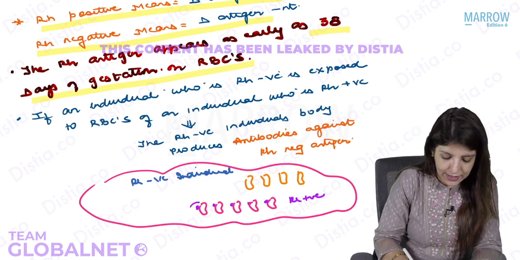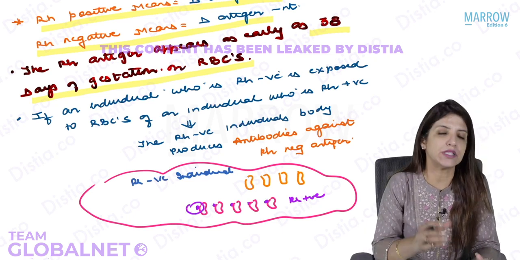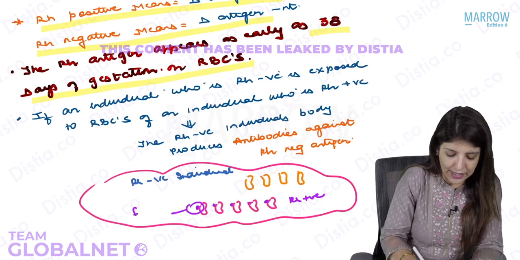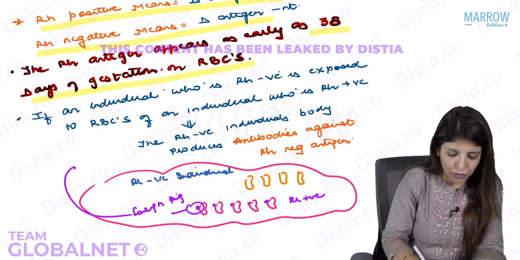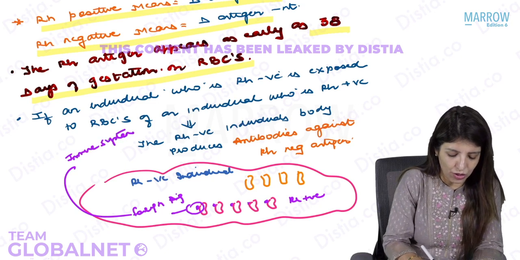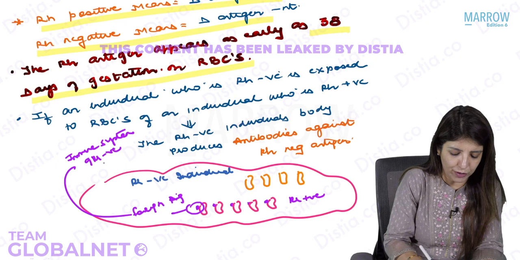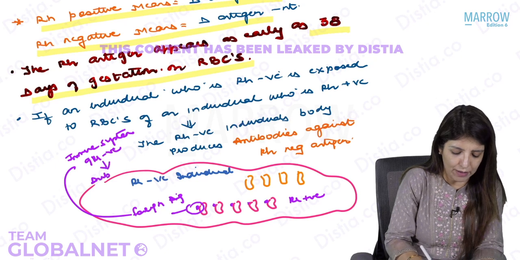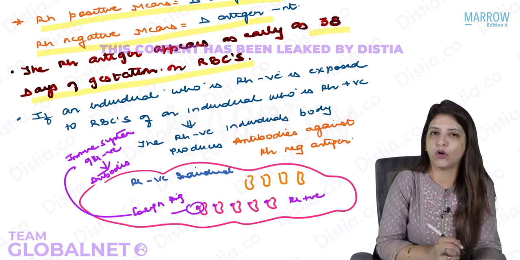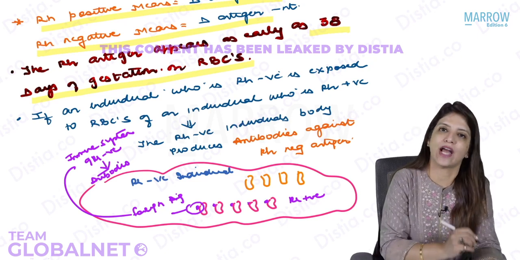Now, because this Rh antigen is absent in this Rh negative individual, it will act like a foreign antigen. This is going to stimulate the Rh negative individual's immune system, and the immune system of the Rh negative person will form antibodies. What will they form? They will form antibodies against this Rh antigen.